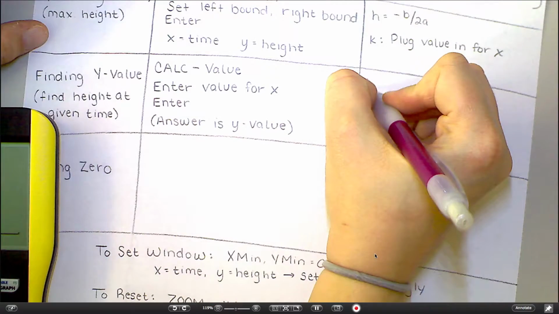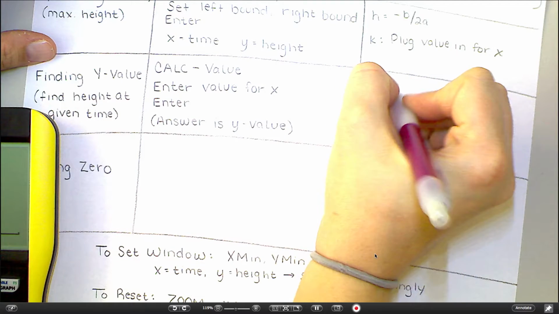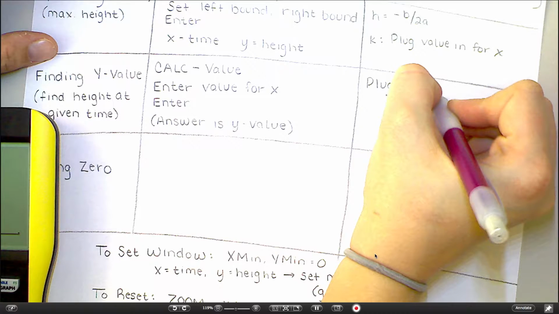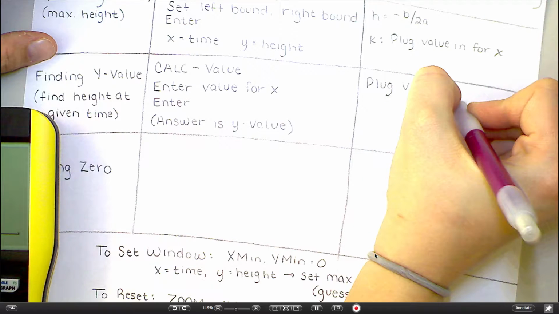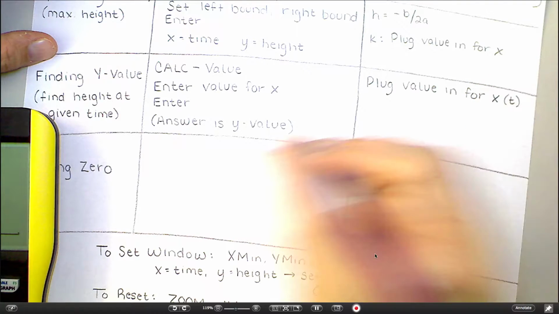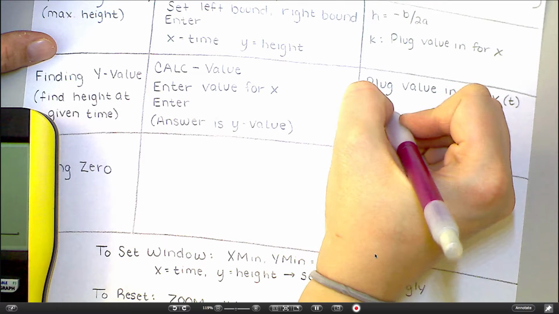So, mathematically, you could just plug the value in for X or T, if you're in Newton's formula, and evaluate.